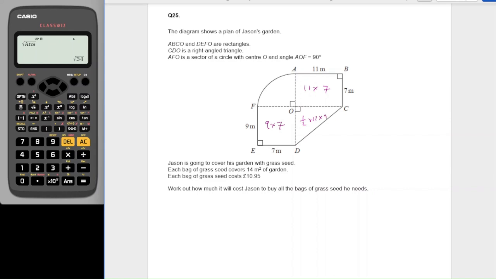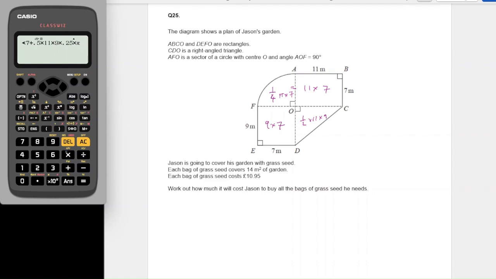And then this is going to be a quarter of pi times r squared, so pi times 7 squared. So I need to add all those together. So 9 times 7 plus 11 times 7 plus 0.5 times 11 times 9 plus 0.25 pi times 7 squared. I could type it in as a quarter, but that just means messing around with the fraction button.